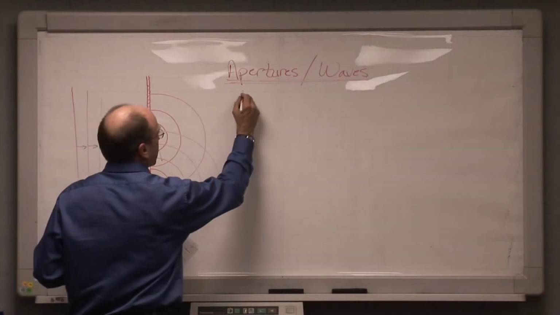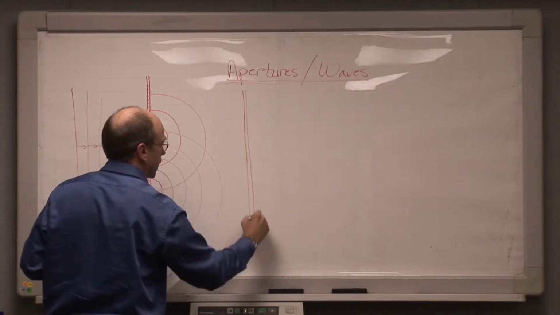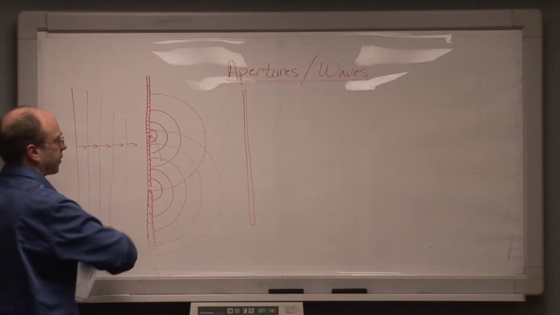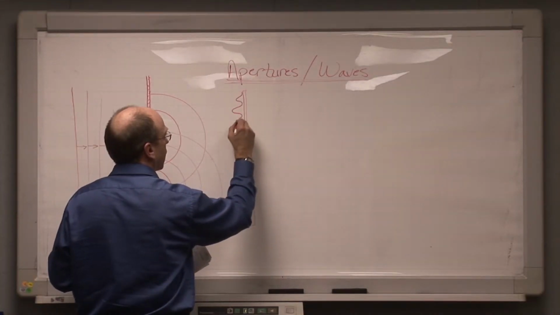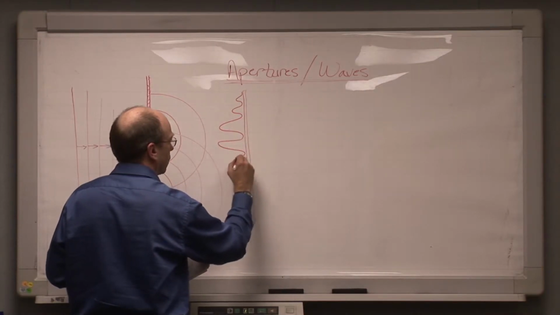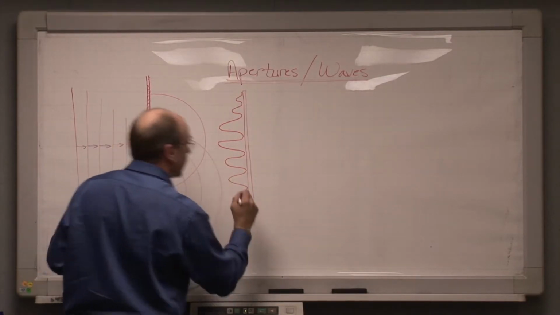And the result is that if we have a screen set up here at a distance, and we plot the intensity of the energy on the screen, say for this double slit system, we'll get a set of maxima and minima like this.